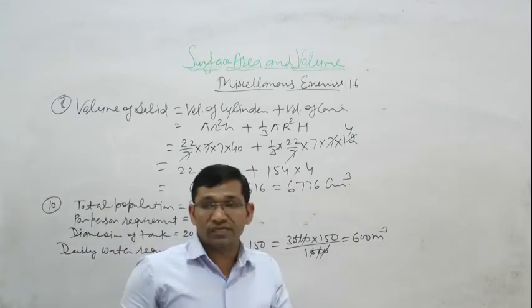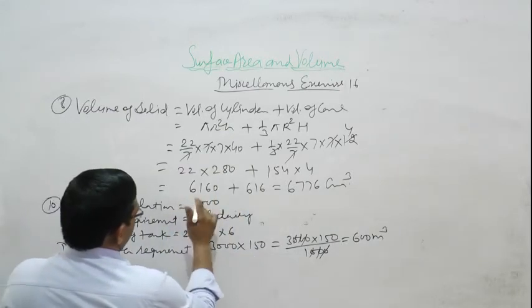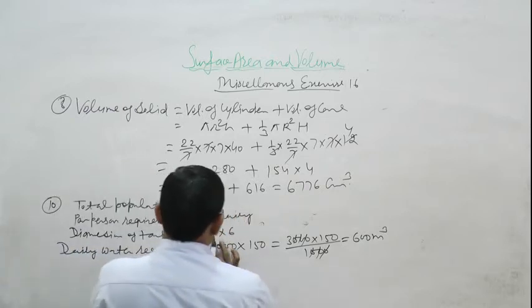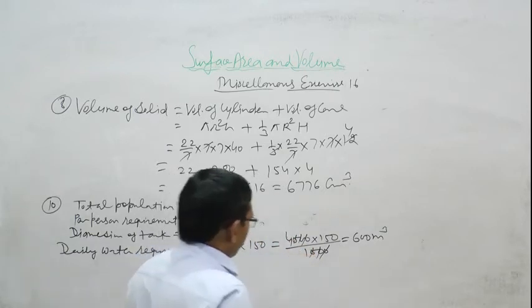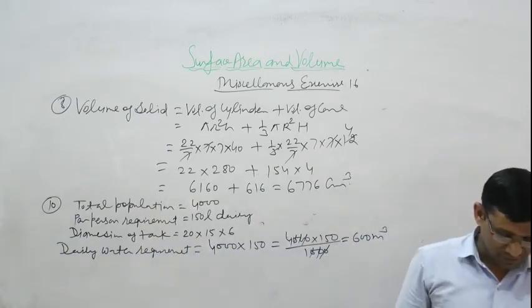The population of village is 4000, so we multiply by 4000, we get 600 meter cube.